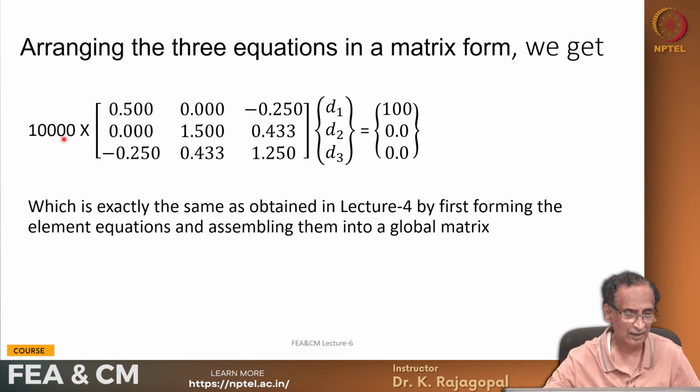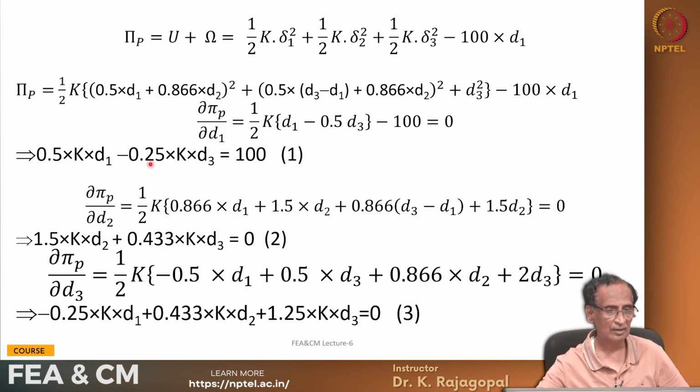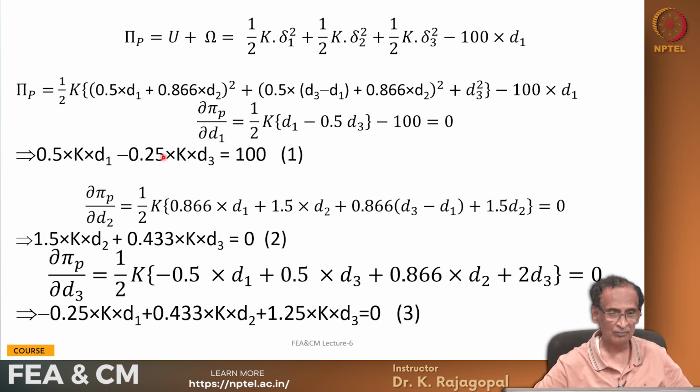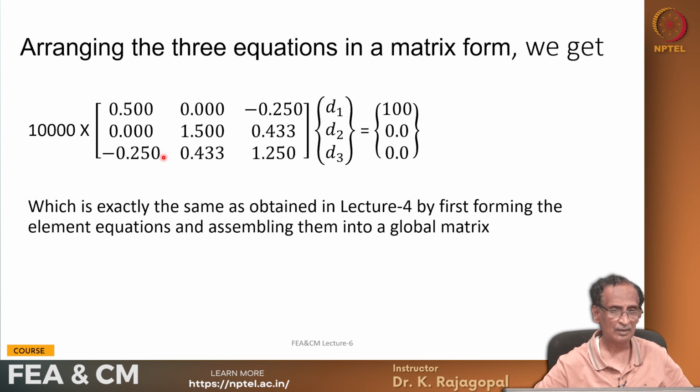So k is 10,000, 0.5, 0, minus 0.25, d1, d2, d3 is 100, and that's actually, see, 0.5 times 10,000 is 5,000, minus 2,500 because 0.25 and k is 10,000, and so on.